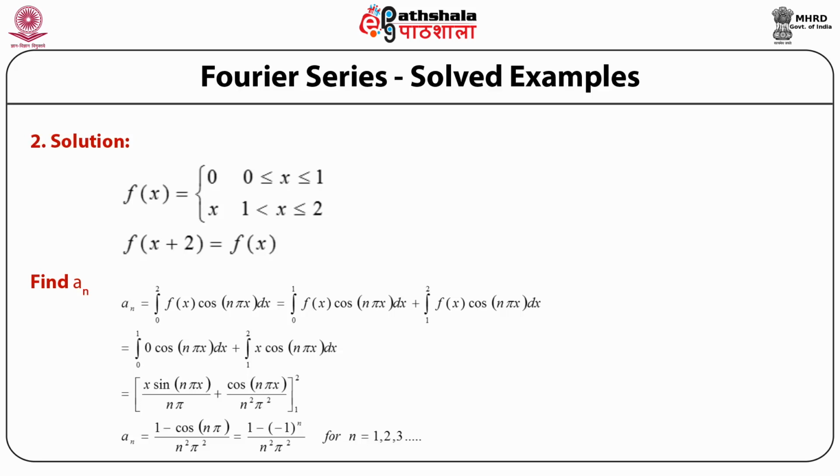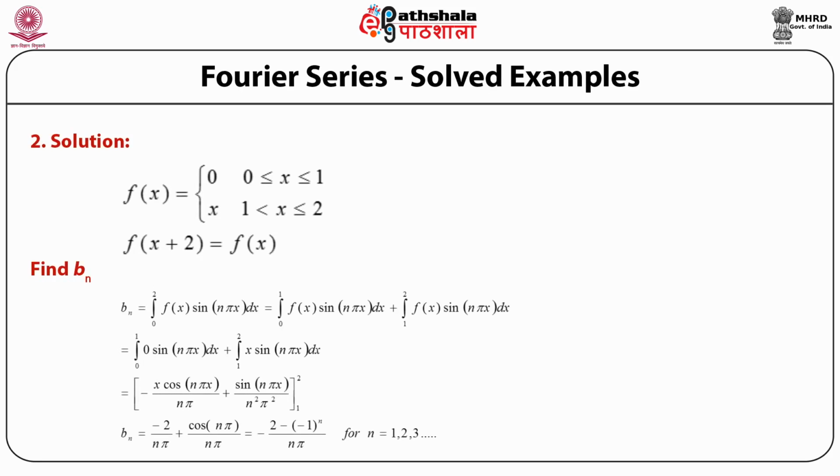Whenever there is a cos or sine, you can look up certain books to see how to do it. Even in the Laplace videos we have done a similar one, so you can refer to those. So an becomes 1 minus cos n pi divided by n squared pi squared, and n goes from 1, 2, 3 up to infinity.